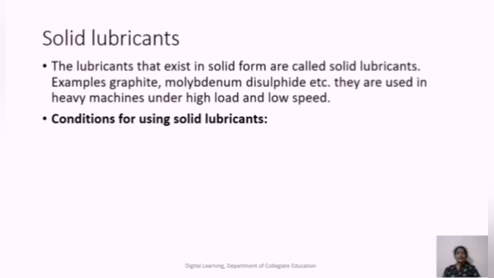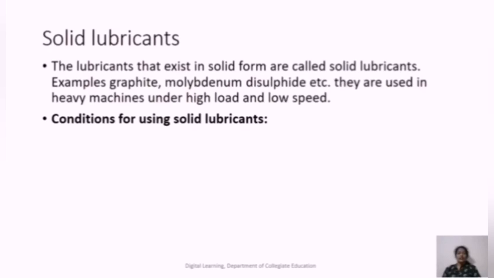The third one is solid lubricant. The lubricants that exist in solid form are called solid lubricants. So the best examples that can be given for solid lubricants are graphite and molybdenum disulphide.